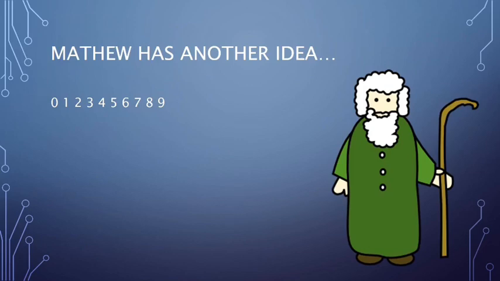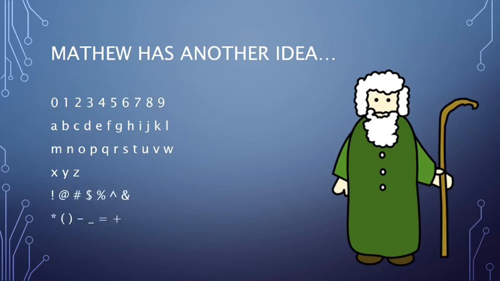Okay, so we already saw, though, that Matthew has more than 9 sheep, so he needed more symbols. So he reached for the alphabet, and so he gets another 26. Now, temporarily, this works as well, but as his flock continues to grow, he needs still more symbols. And so here I've reached for some from our keyboard that it just turns out Matthew happened to think of on his own.